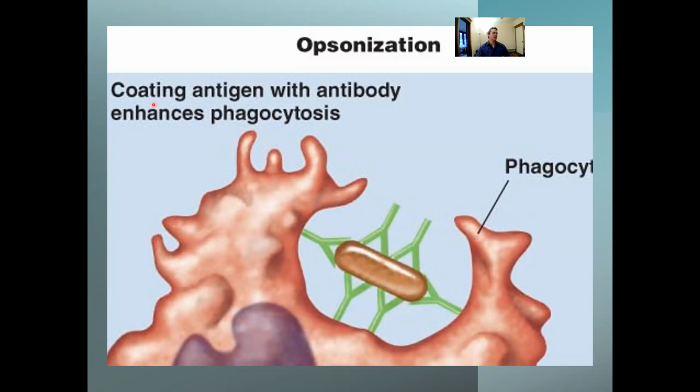So the point is to enhance phagocytosis by coating an antigen with antibodies. You can see here that they are coated, and the phagocyte can more readily ingest it.